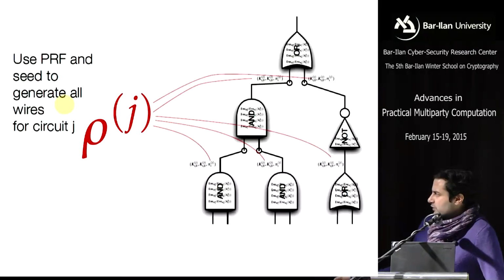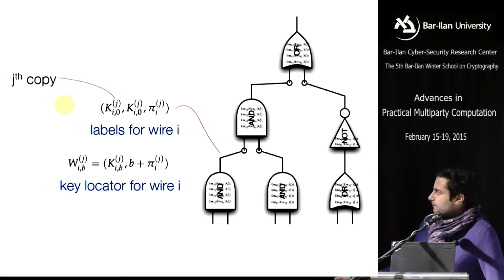These keys are all generated through the pseudorandomness: the key for the 0 wire, the key for the 1 wire, and this permutation bit. And this W is going to stand for the key and the bit plus the permutation wire.